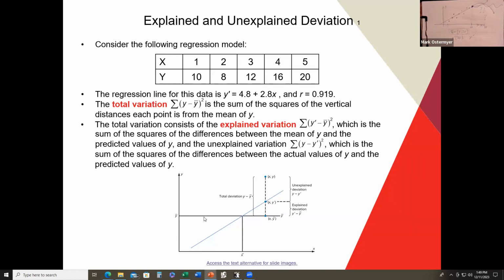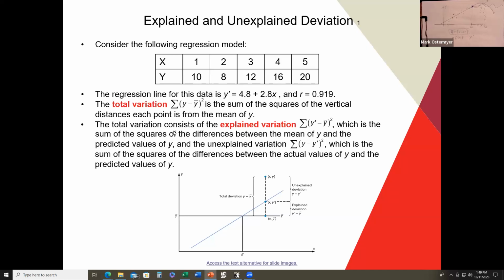Remember they said when the correlation coefficient R is close to 0 or is not significant, that y bar, the average of the y coordinates, is the best prediction you could make for any value of x. So we call this the total variation when you take the difference between the actual observed y values of your ordered pairs and the mean of the y values, and you square those differences and sum them up. That's called the total variation.